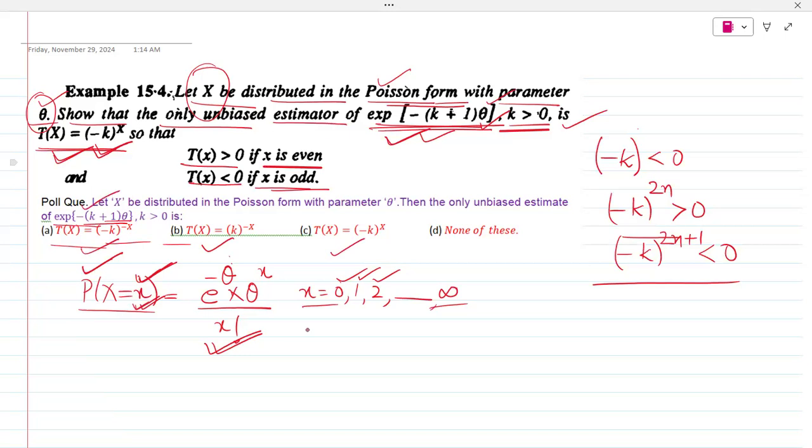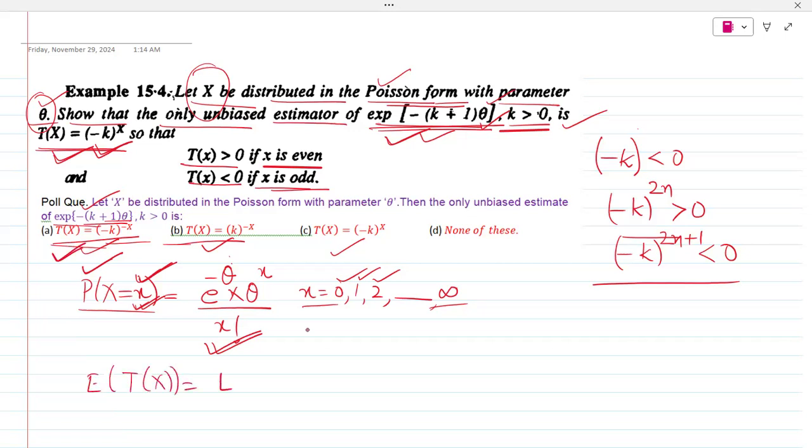For this parameter, e raised to power minus (k plus 1) theta, which of the given estimators is unbiased? So I start from this one, option A. The expected value of this Tx.